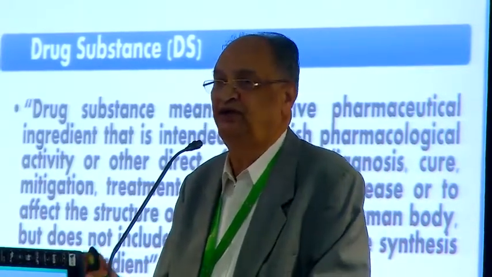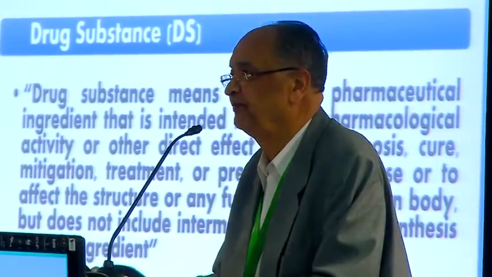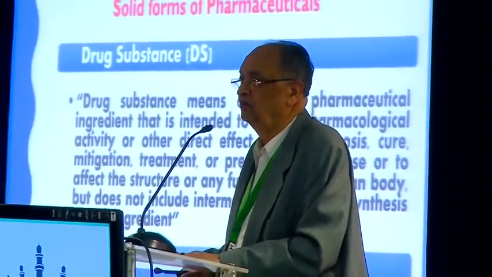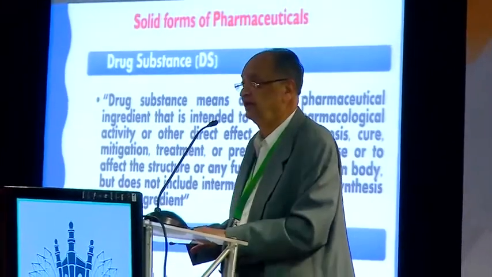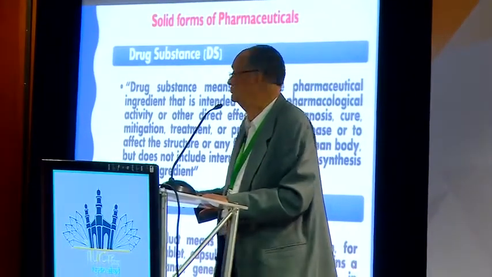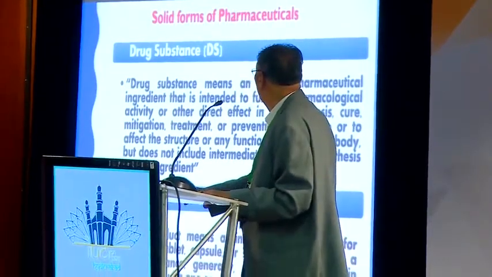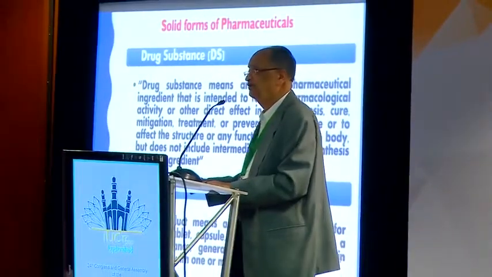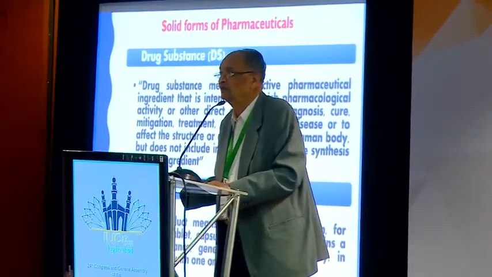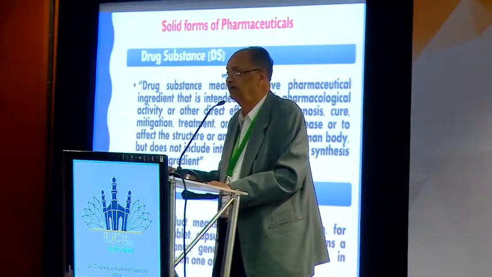To put my talk in the proper perspective, I would like to define what drug substance and drug product mean. Drug substance means an active pharmaceutical ingredient, which people call API.